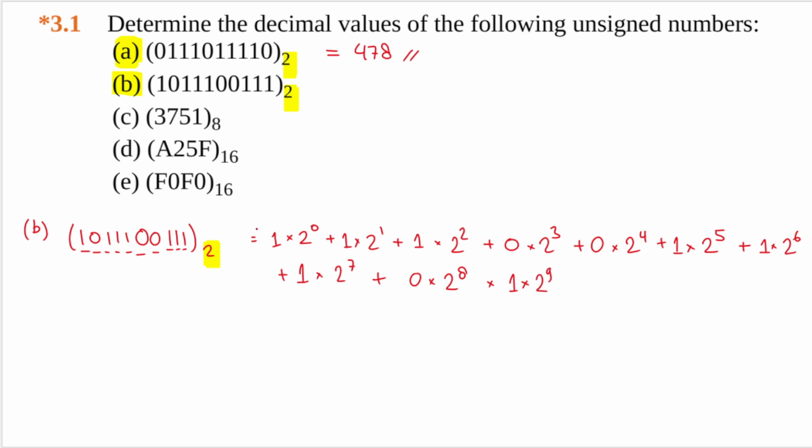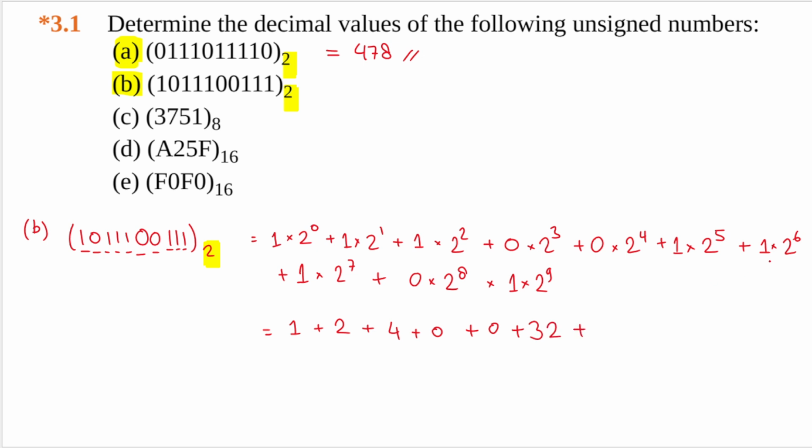Okay, now let's simplify this. I think this will be 1. Okay, and then 1 multiplied by 2, I think we will have 2. And then 1 multiplied by 4, we will have 4 there. And this one is 0. And this also 0. But we get 1 multiplied by this one, so we will have 32.